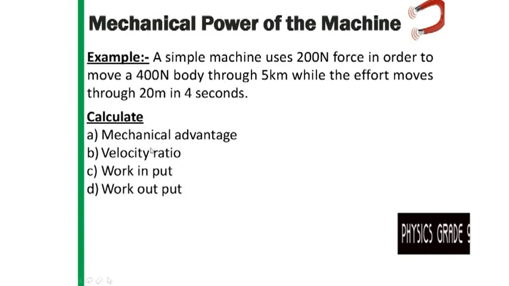It's asking you to calculate 4 different things. It's asking you to calculate the mechanical advantage, the velocity ratio, the work input, and the work output. In addition to these 4, the question is also asking you to determine energy waste, the input power, the output power, and the wasted power.